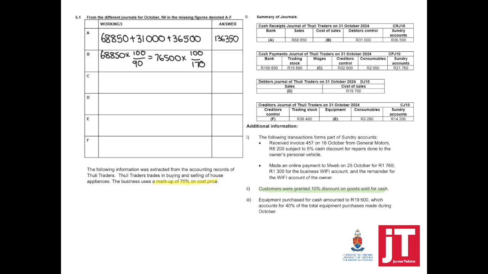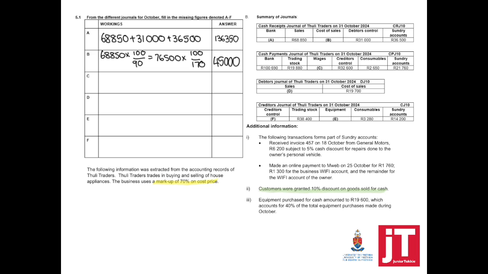And then we can use the original selling price and calculate the cost to take times 100 divided by 170. So please remember that when we calculate the cost of sales and trade discount was given to customers, it's always calculated on the original selling price.